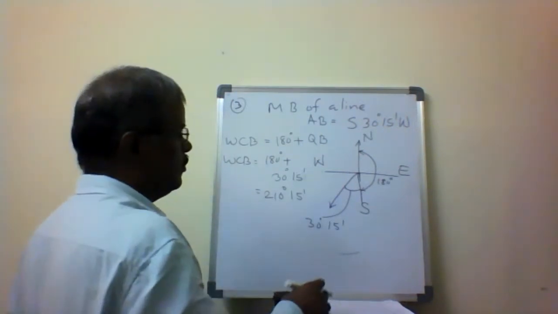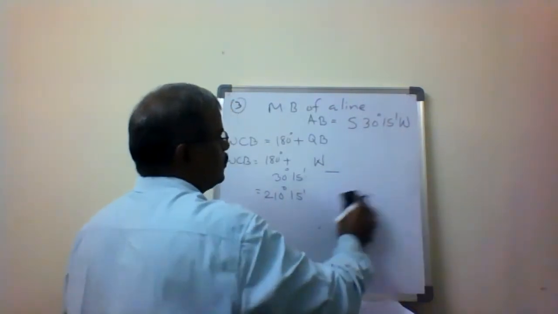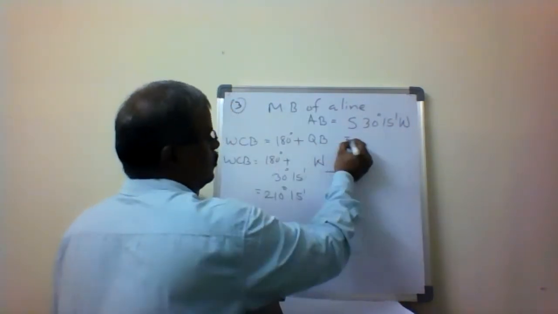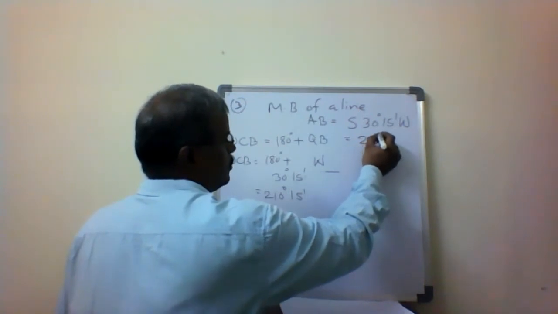So the magnetic bearing of the line equals 210 degrees 15 minutes.